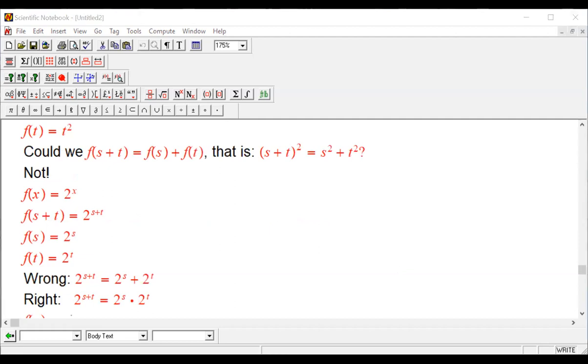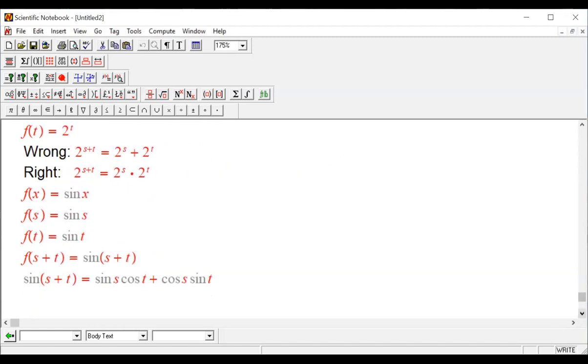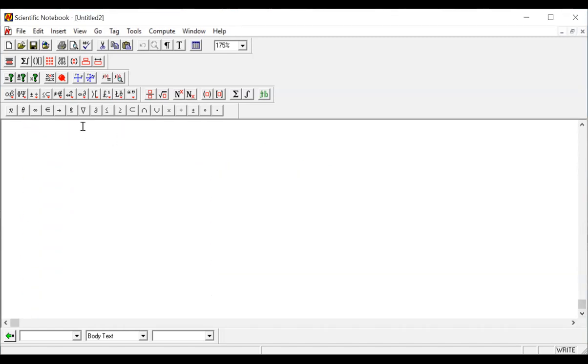For the same reason, let's look at number 10. Because when you are in calculus, you're dealing with functions all the time.